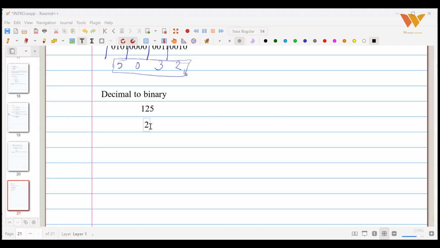Okay, fine. So now if I divide this number by 2, the answer I'll get here is 62, carry 1. So I'll represent carry 1 this side.